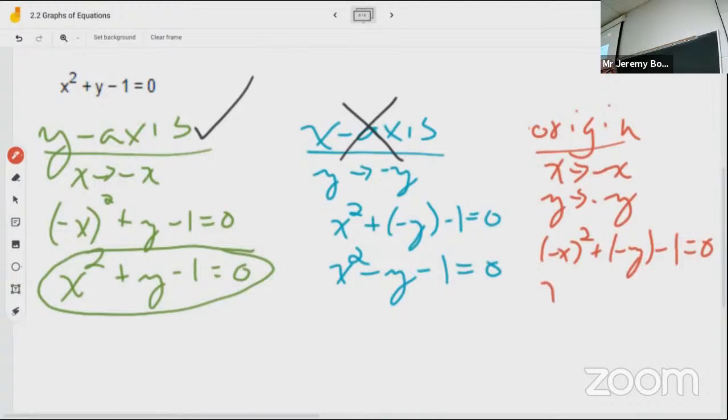We can make that just x squared, but that's going to be minus y instead of plus y. And so this equation is not equivalent to my original. So this is not symmetric with respect to the origin. Any questions on that?